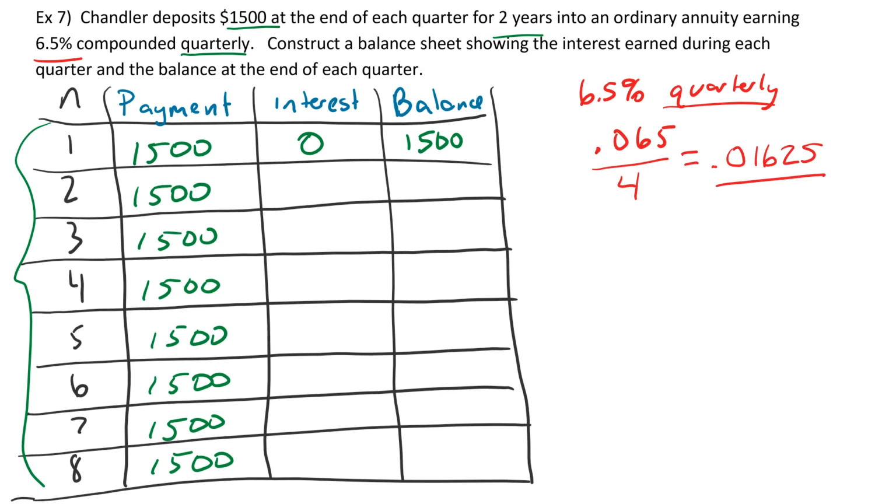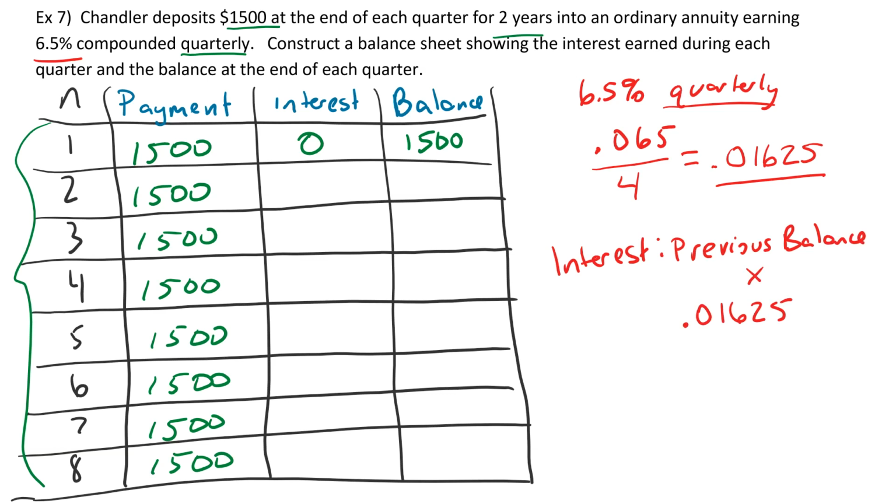So let's go ahead and calculate this first interest. To find the interest, we're going to take the previous balance and multiply it by the 0.01625 that we found above.